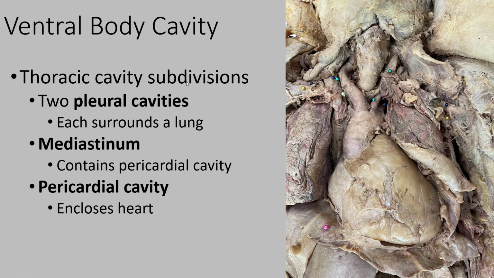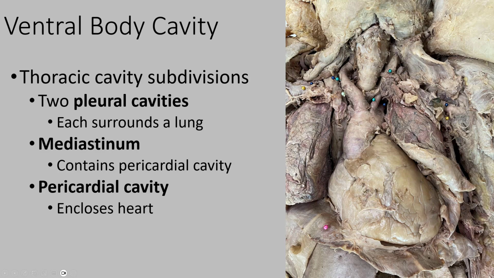Inside the chest, within the rib cage, that's our thoracic cavity. And it has 3 cavities within it. 2 pleural cavities. Each pleural cavity surrounds one of our lungs.